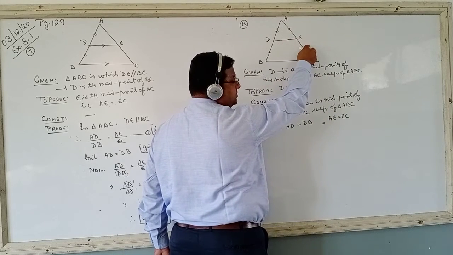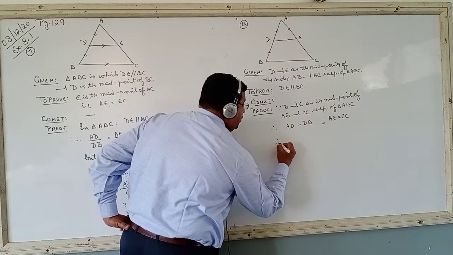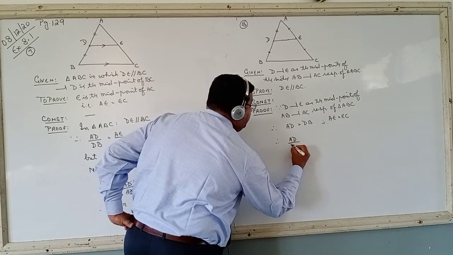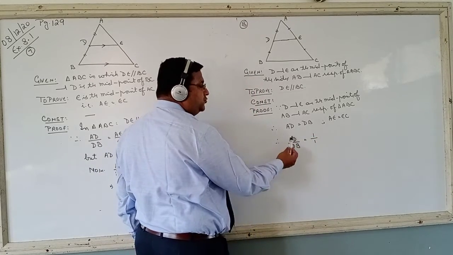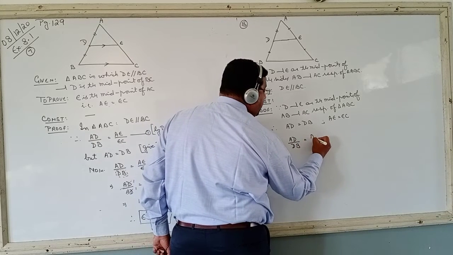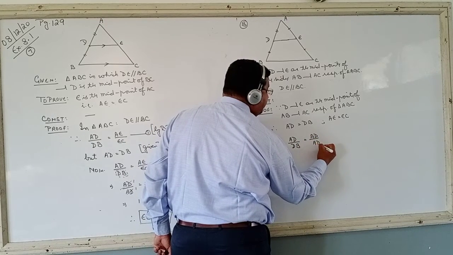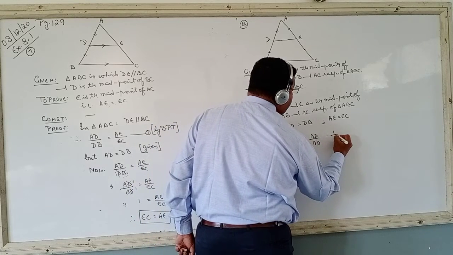Definitely, sir. Right? Both of them are equal midpoints. So therefore, AD upon DB will be how much? 1 by 1. Because both of them are equal, or you can do one more step. In place of DB, can I write it as AD upon AD? Because DB is equal to what? AD. AD and AD cancel. What do I get? 1 by 1.